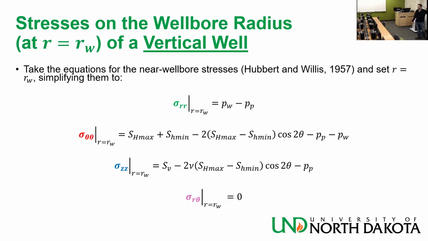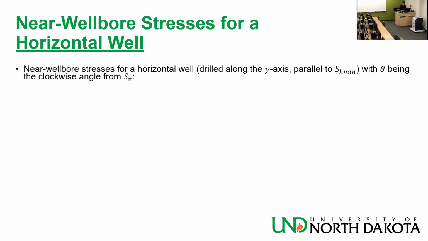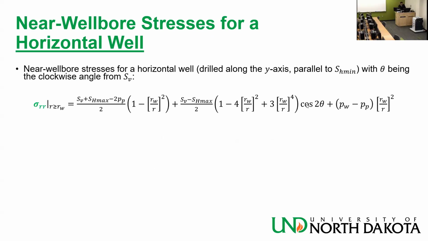So now I measure theta not clockwise from SH max, but clockwise from SV, provided that the well is drilled parallel to SH min. So SV becomes SH min, SH max becomes SV, and SH min becomes SH max. And this way, the wellbore is assigned to whatever axis I would like it to be. In this case, it would be the y-axis. So the equations become like this.